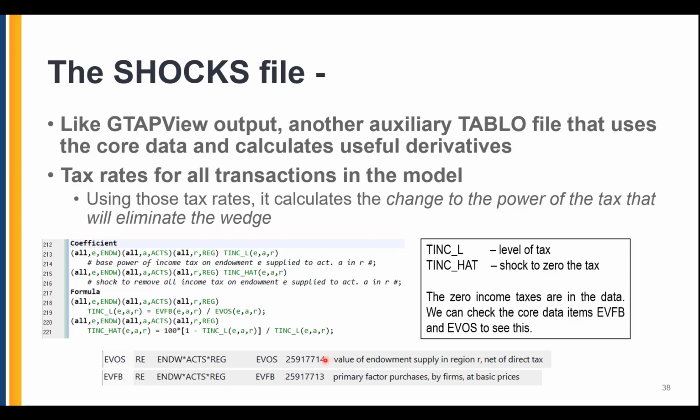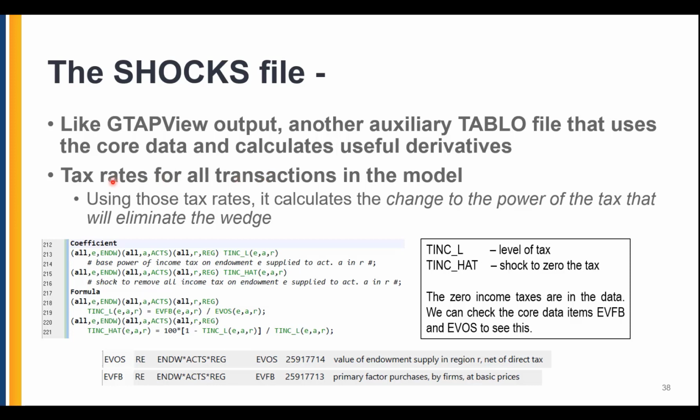And so we get this slight difference, but essentially 0. So when we shock this, it's very likely we're going to be shocking from a 0 value, for that experiment. But this is the way it works for all transactions in the model.